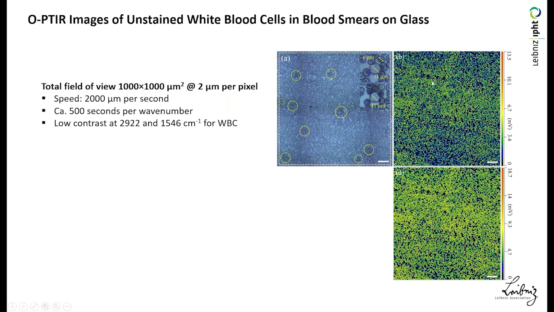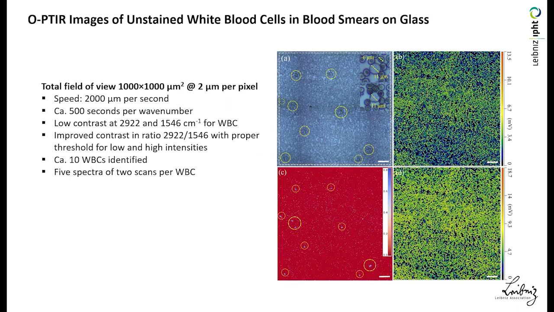The contrast at the CH2 band at 2922 and the amide 2 band at 1546 is too low to identify white blood cells.